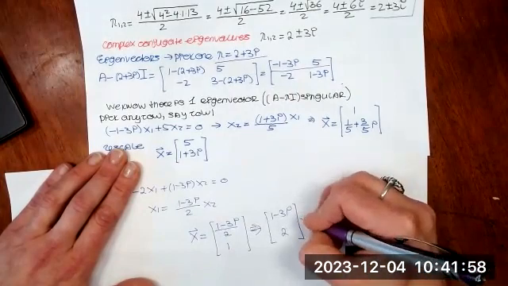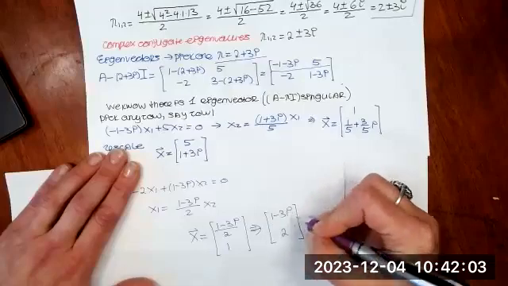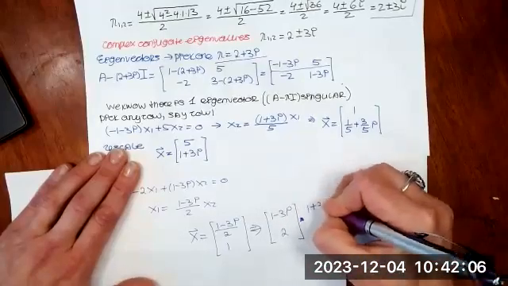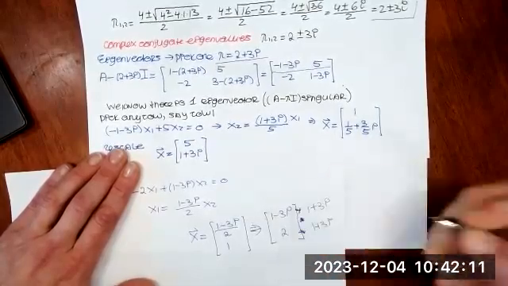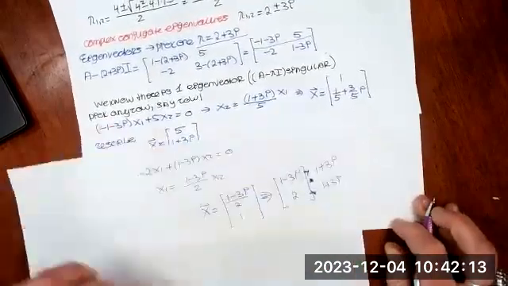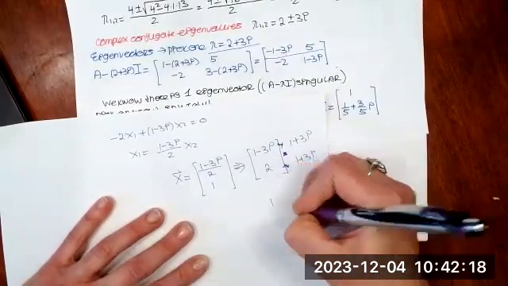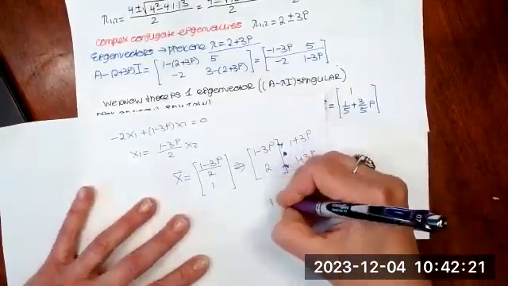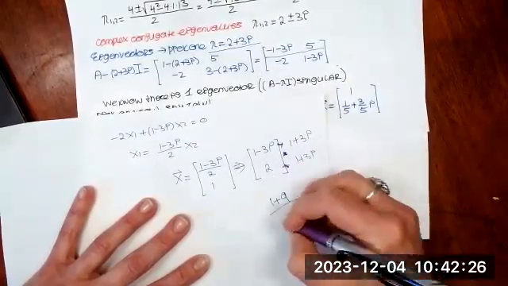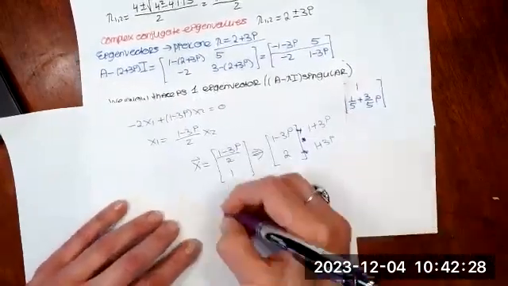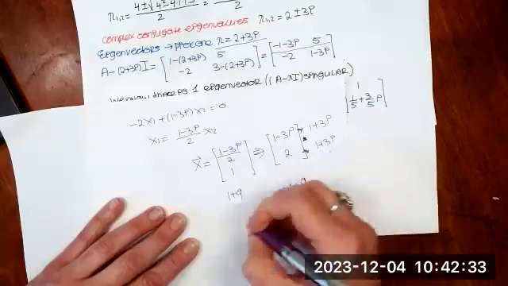So here I can use a constant to rescale: the complex conjugate of 1 minus 3i, which is 1 plus 3i. I'm multiplying both entries, and I end up with a product of complex conjugates: 1 plus 3 squared, 1 plus 9. And on the bottom, I'm going to have 2 times 1 plus 3i.